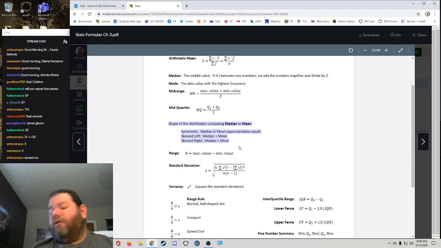Now, going back to what the calculator said, it gave us the mean to be 6.75, and the median it gave us as 4. So if we know that the median is less than the mean, then what is our conclusion?